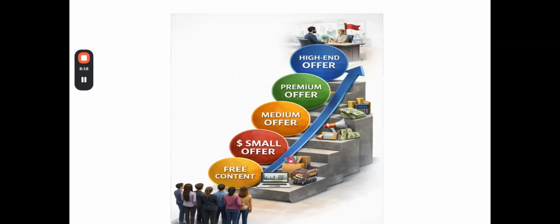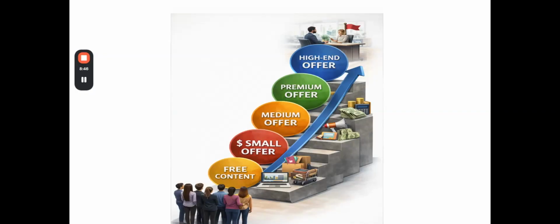So from here you have a medium offer, and you have a premium offer, and then you have a high end offer. And basically, long story short, you want to send them up your value ladder. For example, it goes back to the funnel theory concept.